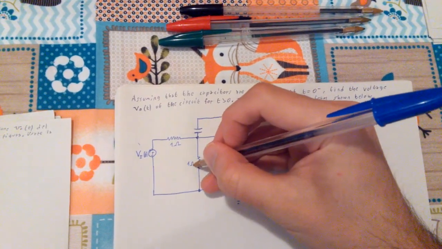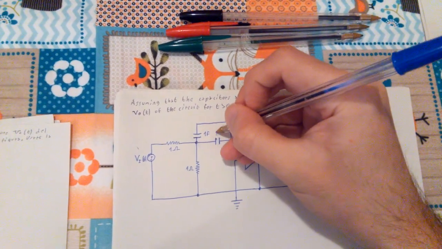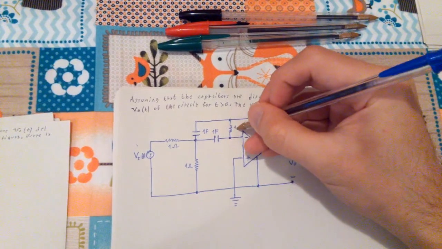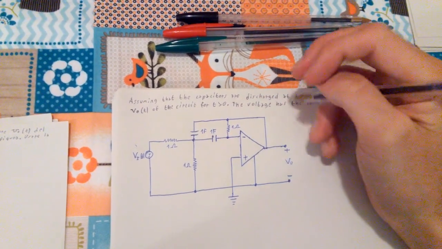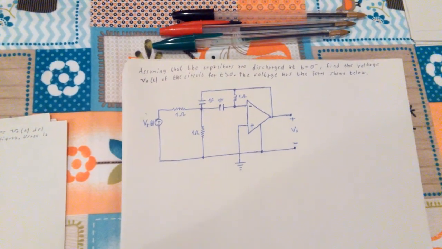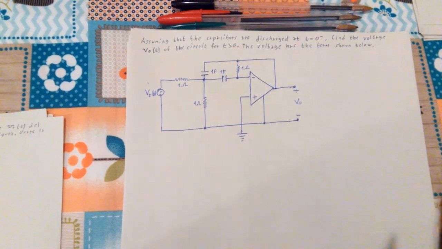This is 1 ohm, as is given by the problem. 1 farad for the capacitor here as well. 1 ohm here. Just to keep everything nice and clean. And then I'm going to draw the graph for the voltage.